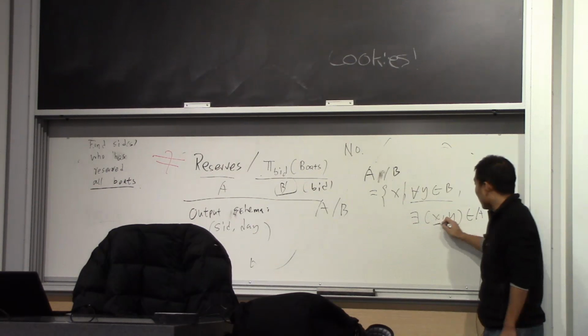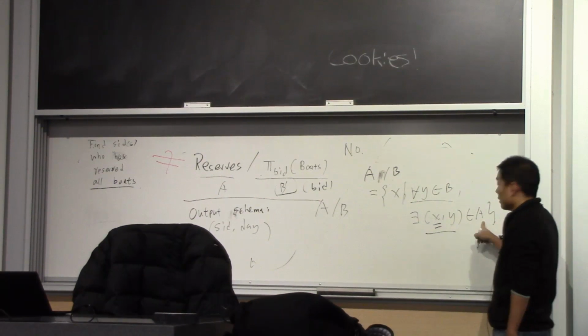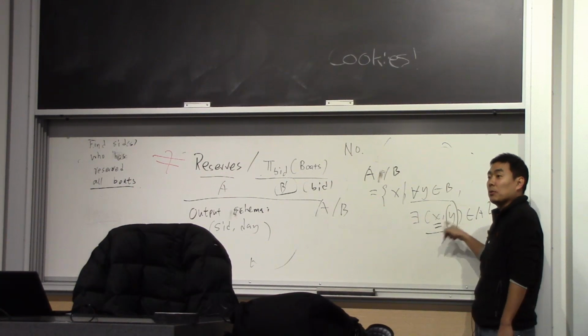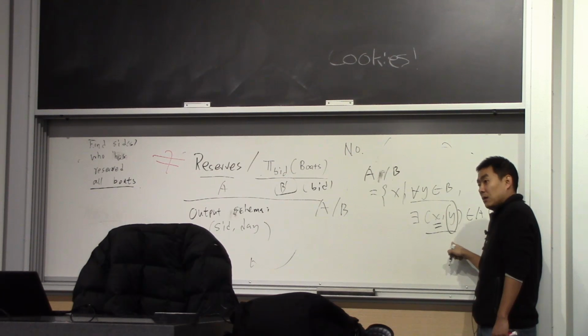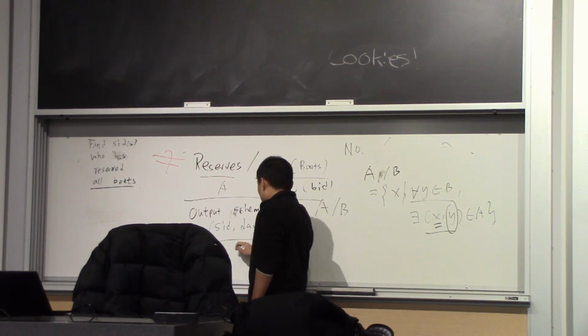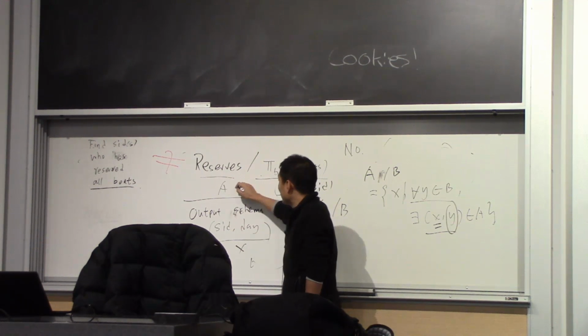So what's the schema of x? X and y together is A, and y is from B. So x must be those attributes in A but not in B. And that's exactly what we have here. That's your x. All the attributes in A, which is sailor ID, day, and boat ID.